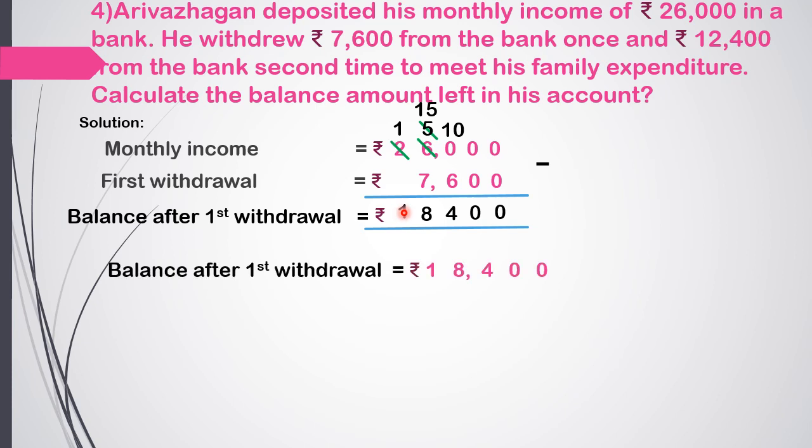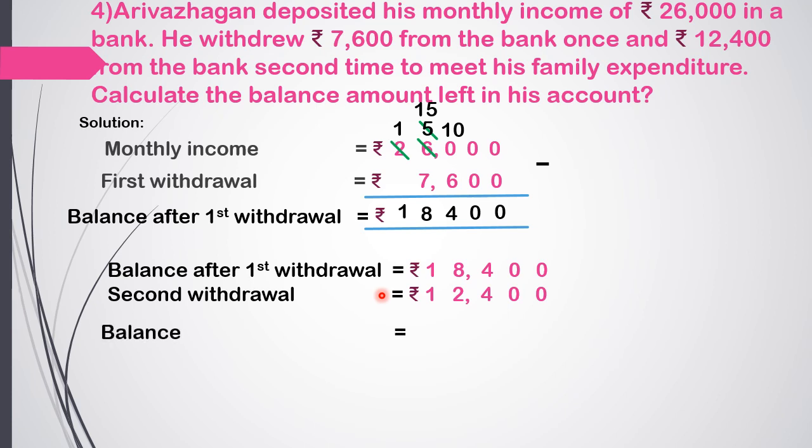So now we are going to find out the balance after the second withdrawal. The balance after first withdrawal is equal to 18,400. Again Arivalagan has taken rupees 12,400 from his account, isn't it? So we are going to subtract the 12,400 for the second withdrawal.